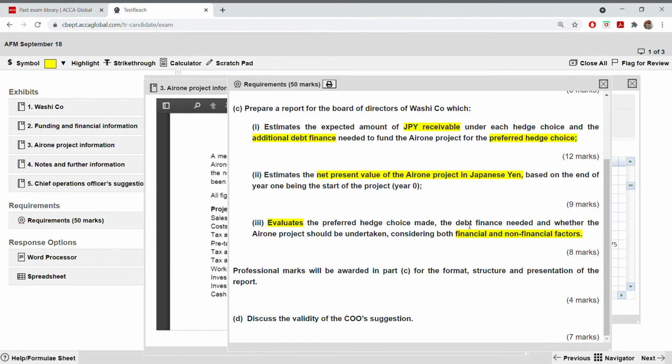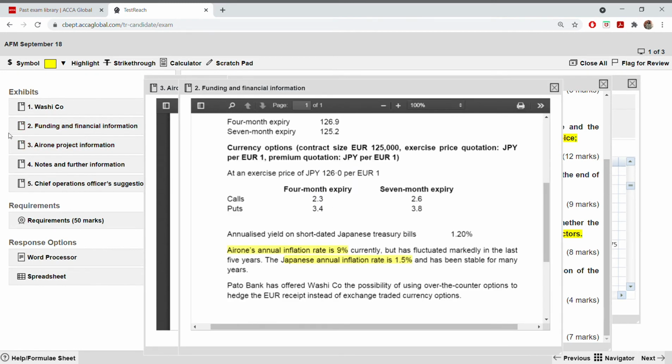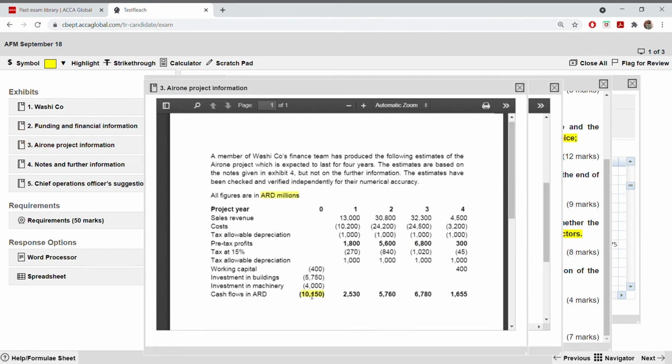Because the requirement asked you net present value of the ARD project in Japanese yen. So initial investment, if you see, it is 10,150. Okay, ARD in millions. So 10,150 million you have to convert into Japanese yen and it is in year 0. And we have the exchange rate now in year 0. We have just taken it.